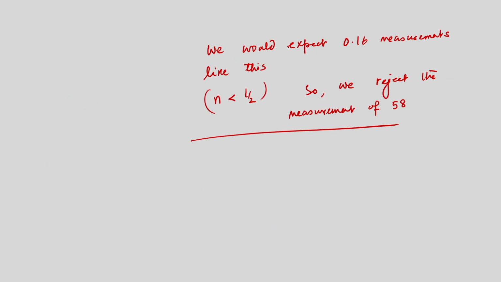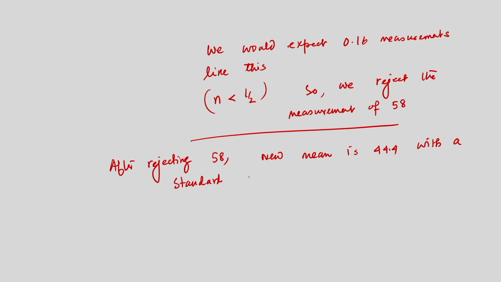After rejecting 58, the new mean is 44.4, which is very simple, with a standard deviation of 2.9.